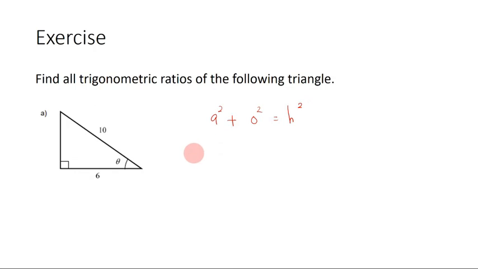So substitute in the formula, we get 6 squared plus opposite squared equal to 10 squared. So rearranging, we get the opposite is equivalent to square root of 64, or we get this equal to 8.